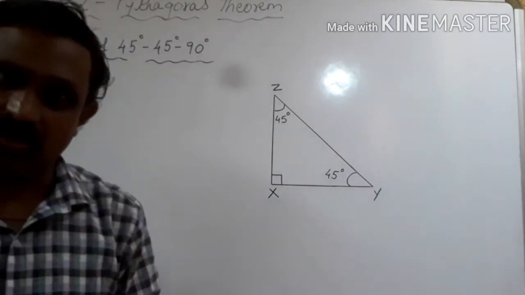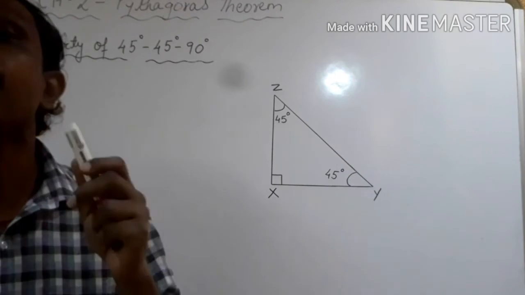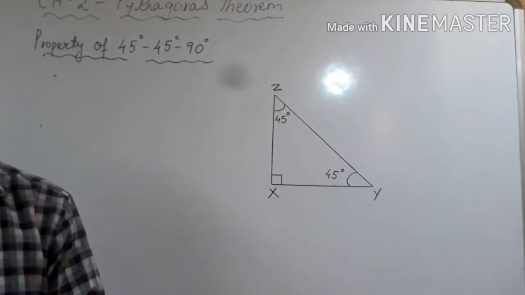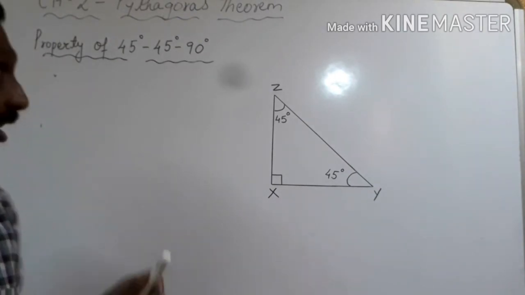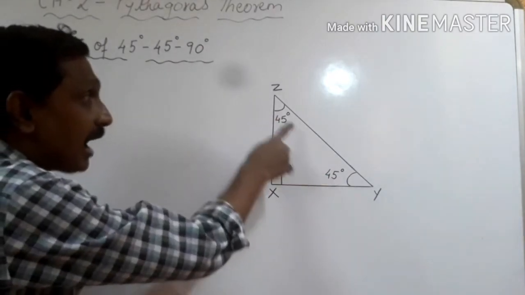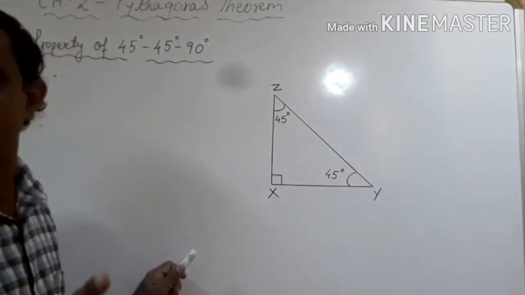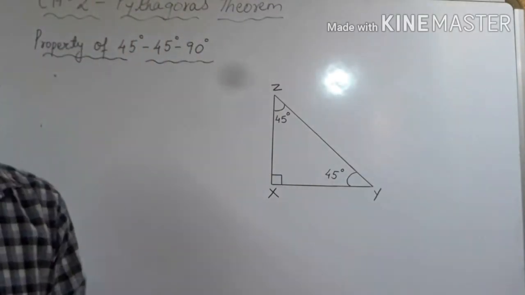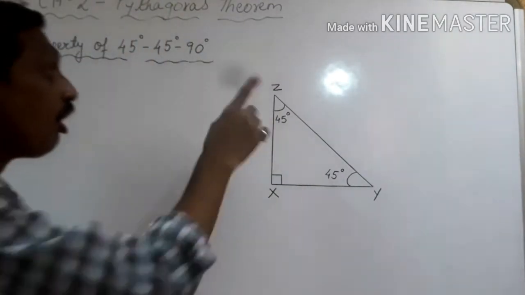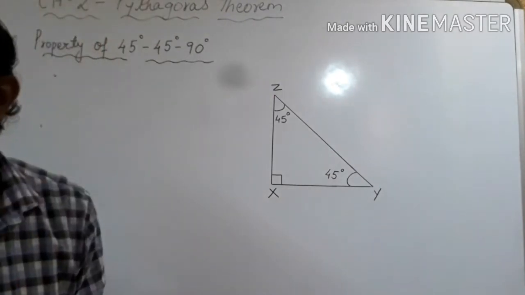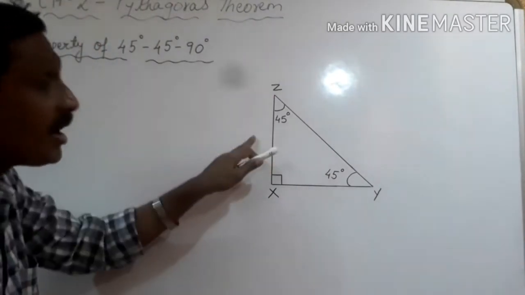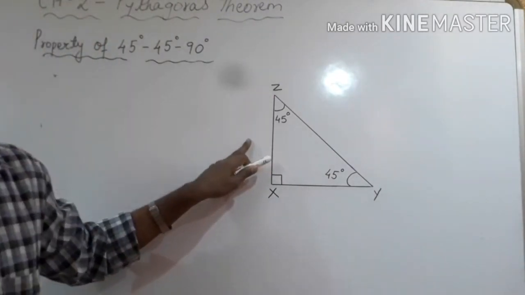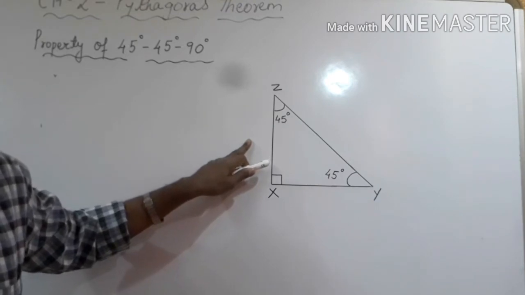So let us study the property of 45, 45, 90. What does it state? It states that if the acute angles of a right angle triangle are 45 degrees and 45 degrees, then each of the perpendicular sides is 1 upon root 2 times the hypotenuse.